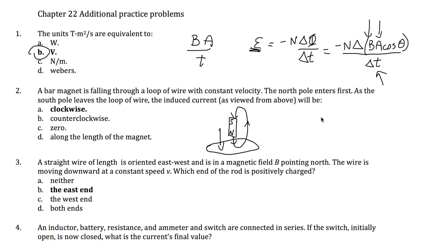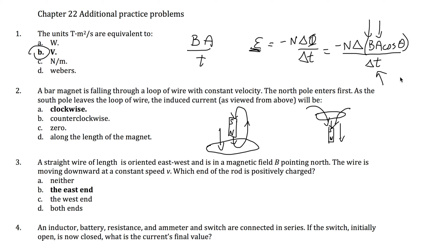Now this magnet that had the north down and the south up has the magnetic field pointing toward that South Pole, and this magnet is leaving the loop. So the loop is over here and this magnet is going down. So now let's figure out which way is going to be the induced current in this loop.